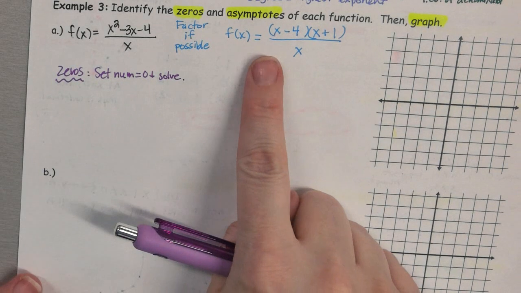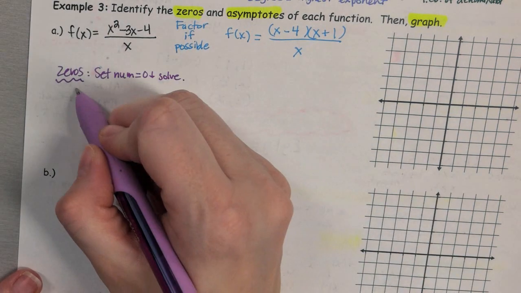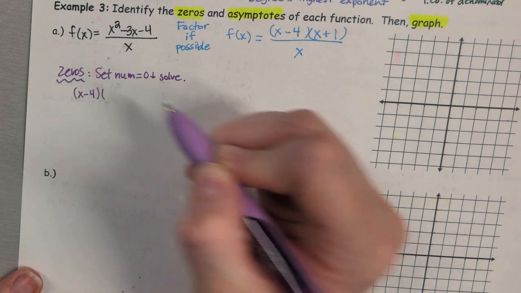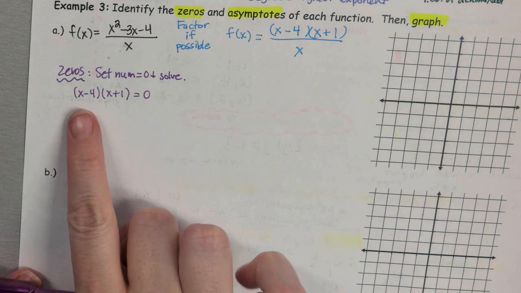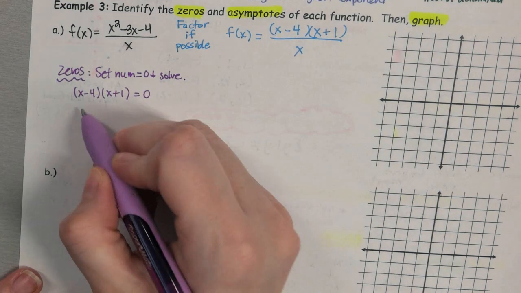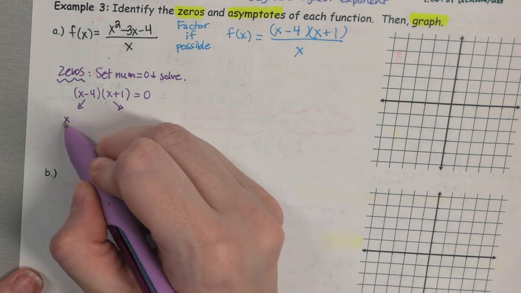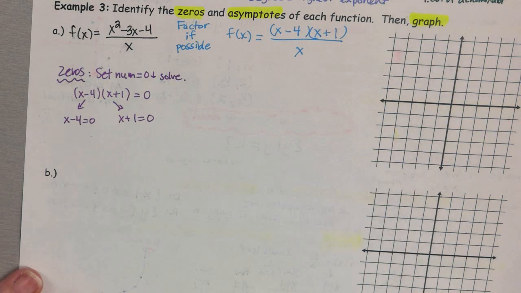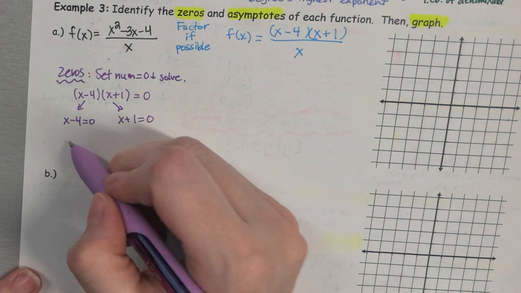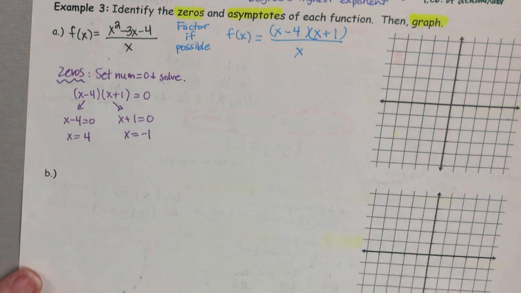Let's just set the factored form equal to 0, because that makes it pretty simple. This times this equals 0. So what do we know about these? Either x minus 4 equals 0 or x plus 1 equals 0, right? Okay, so x equals 4, x equals negative 1.